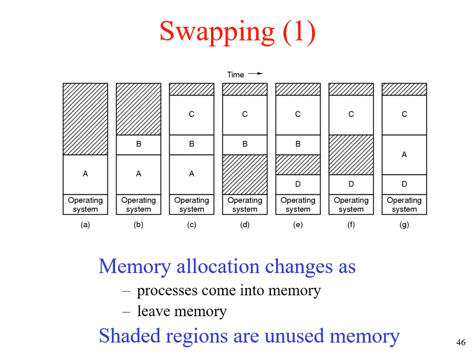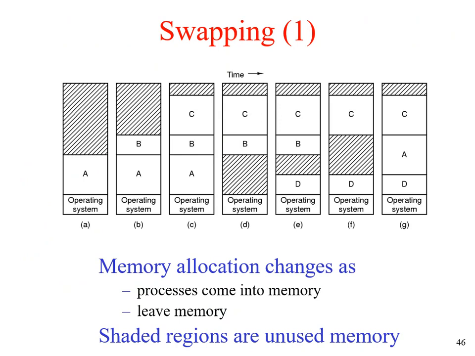For example, if we take a look at diagram A, right? The memory allocation for the operating system remains fixed because you cannot boot it out of memory, you crash the system, right?